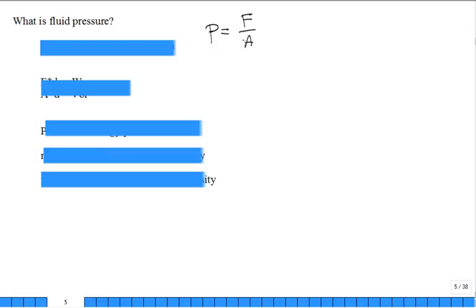That's fluid pressure. It's a normal force. Okay. So what would be the typical SI units for that? Pascal, which is, well, I'll put a kilo on there, it doesn't matter, which is a kilonewton per meter squared.